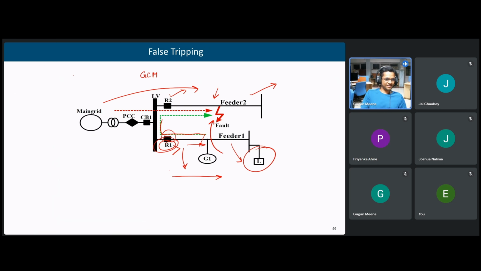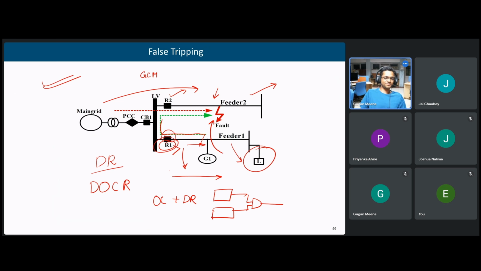Okay. So this is for the overcurrent element. That is why we need the directional relay, the direction element. So we need a directional overcurrent relay. We need both the overcurrent element plus the directional element, and we will do the AND operation of these two.